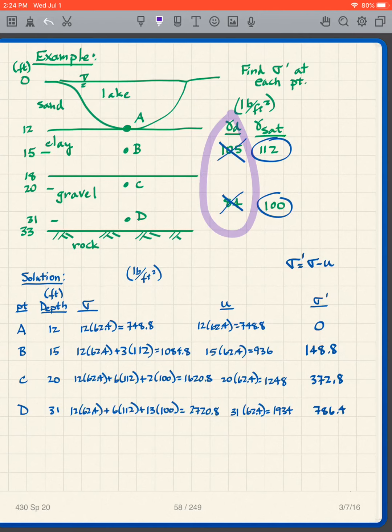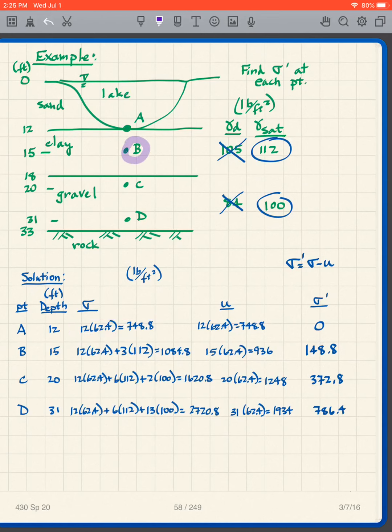What do I see here? So I'm looking at point A, and what is above point A? Well, it's 12 feet of water. That's it. So my sigma is 12 feet times 62.4 pounds per cubic foot.